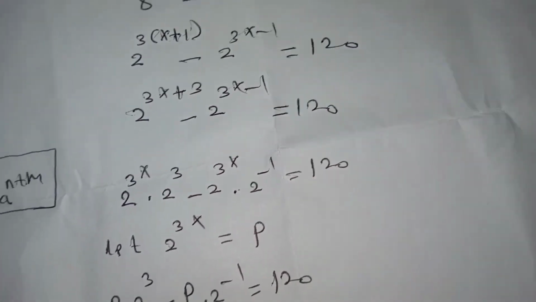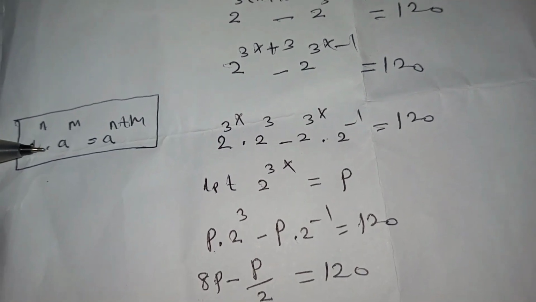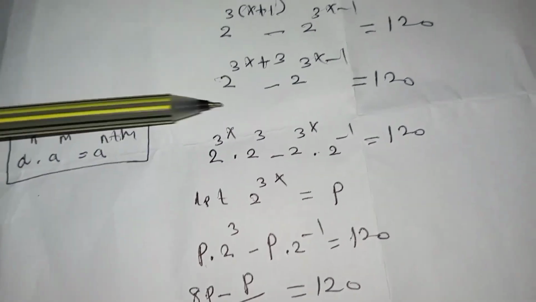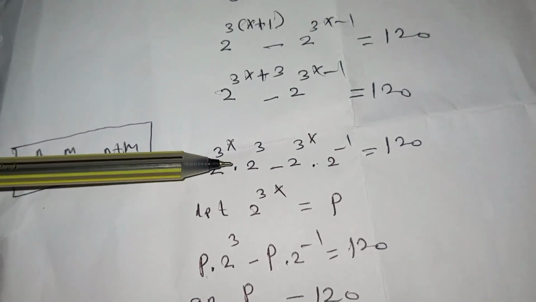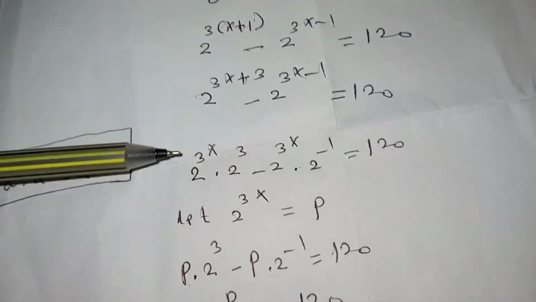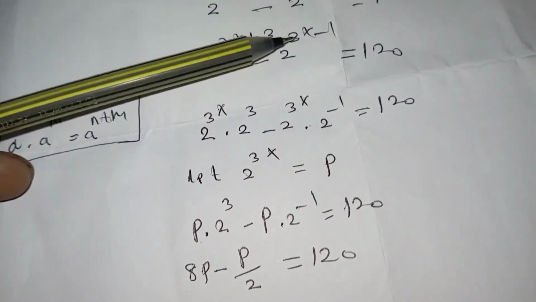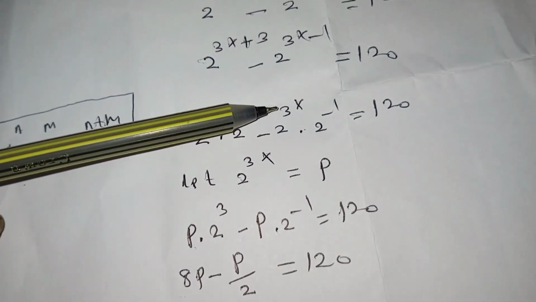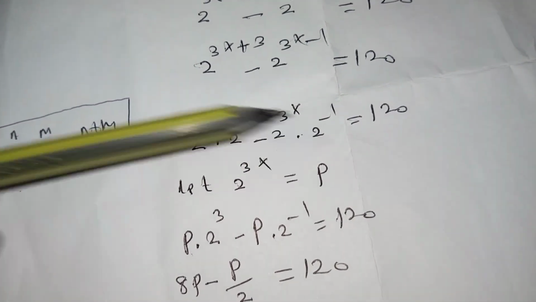And from there, by use of this law of indices, we separated the index. 2 power 3x multiplied by 2 power 3. Also, we separated the index in this part. 2 power 3x minus 1, which is the same as 2 power 3x multiplying by 2 power negative 1.